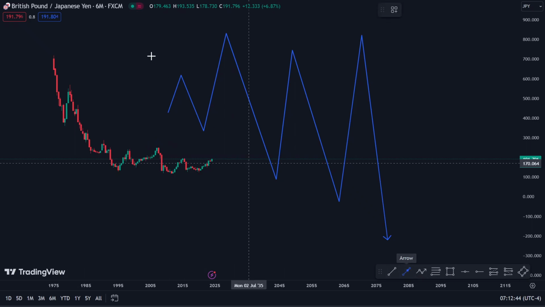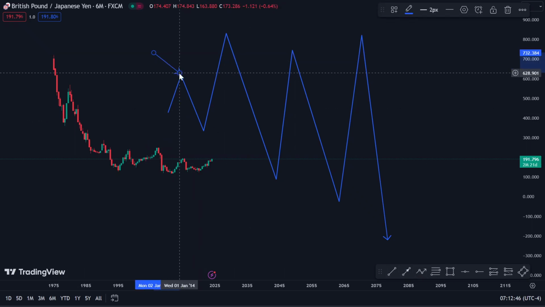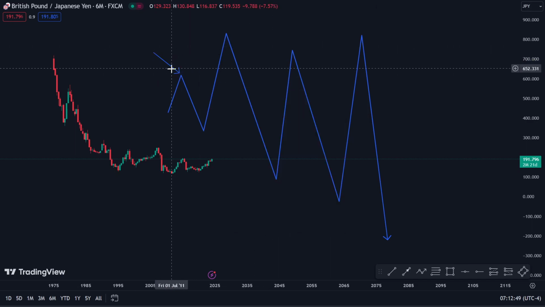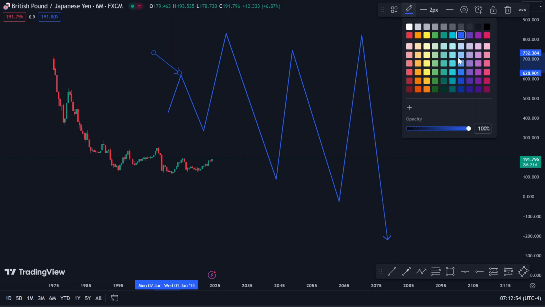We have a swing point here. Let's change the color.